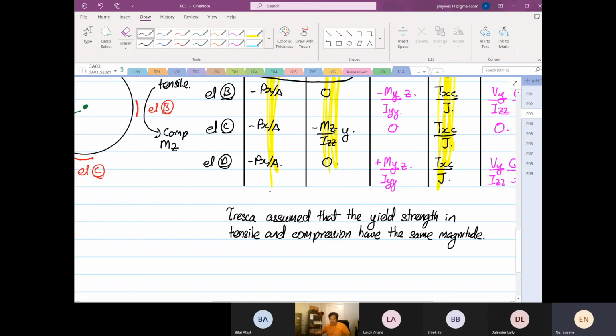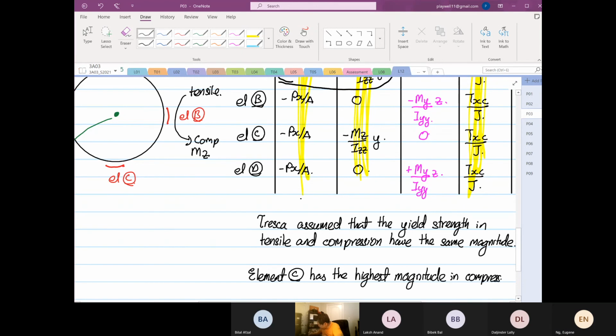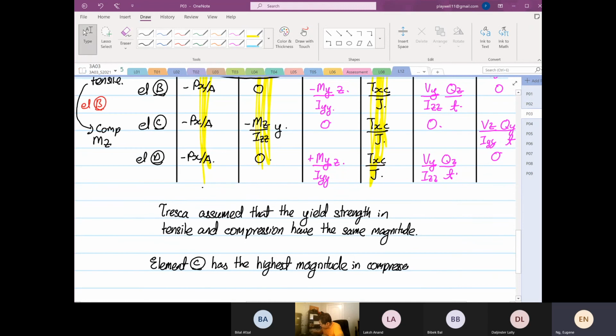So that is why, for this case, what we are doing now, element C has the highest magnitude in compression.